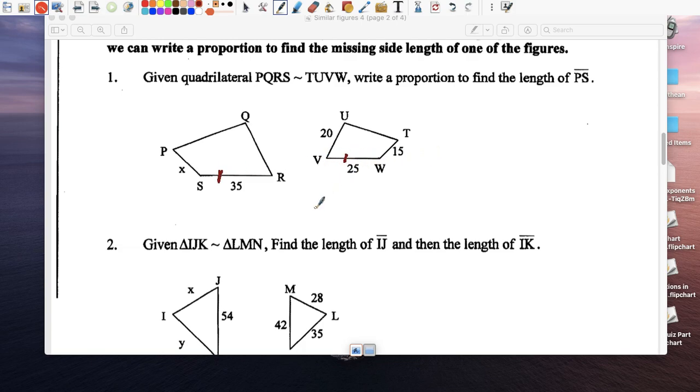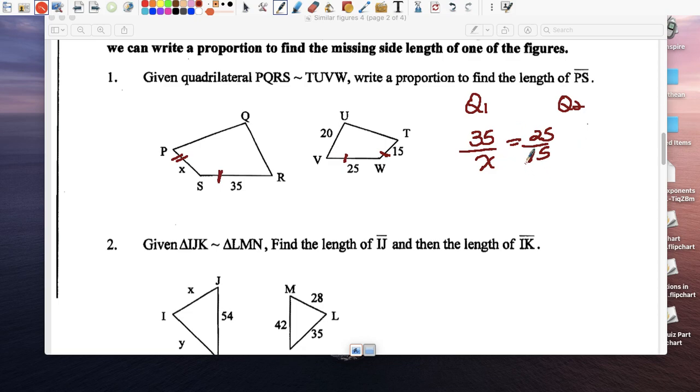So SR corresponds to VW on the other one, and X, the two lines, corresponds to this. Those two are the matching sides. So this is quadrilateral 1, quadrilateral 2. In quadrilateral 1, the ratio of 35 and X is the same as the ratio of 25 and 15.